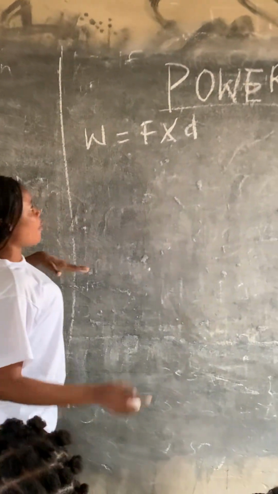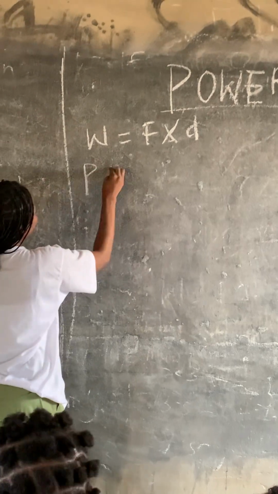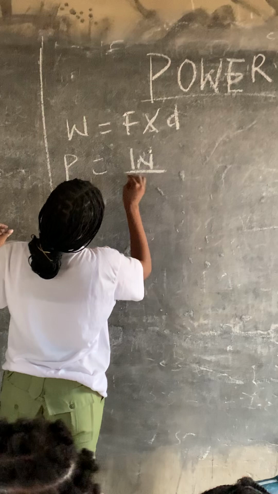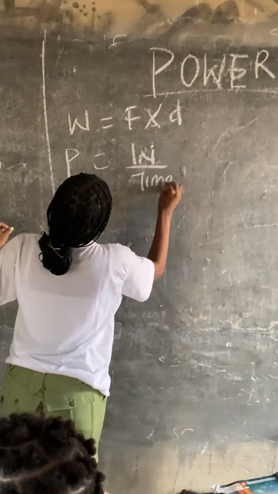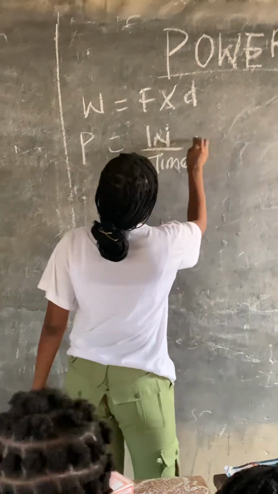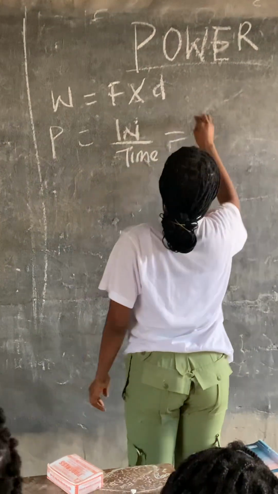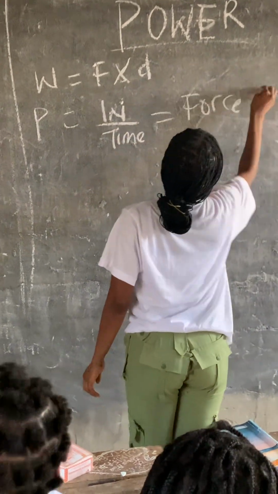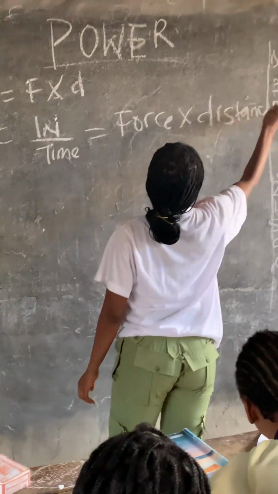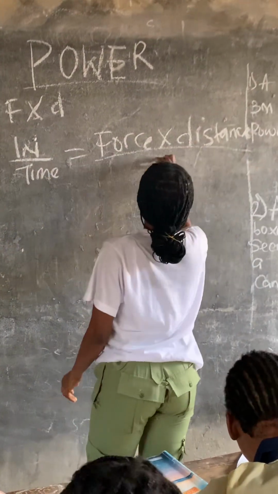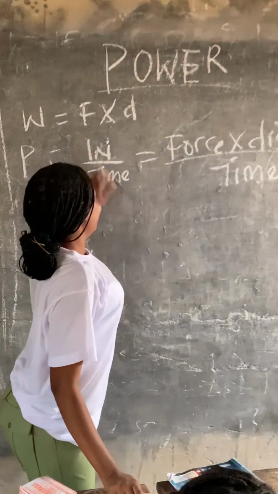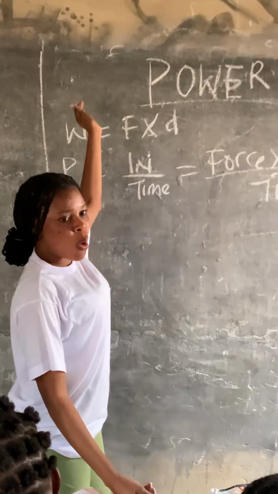So now therefore, power is equal to work all over time. Anywhere you see work, you put its own parameter. Work done is force and distance, all over time, right? You input the value of work done.